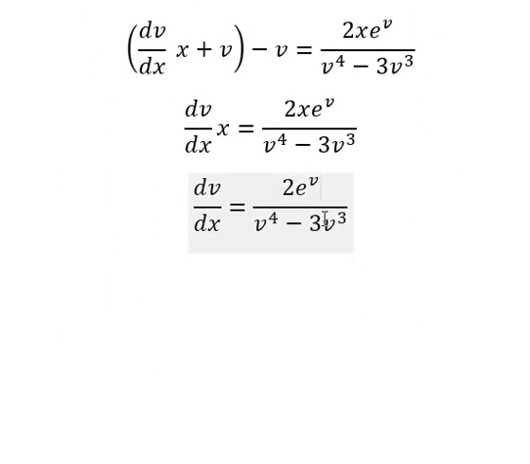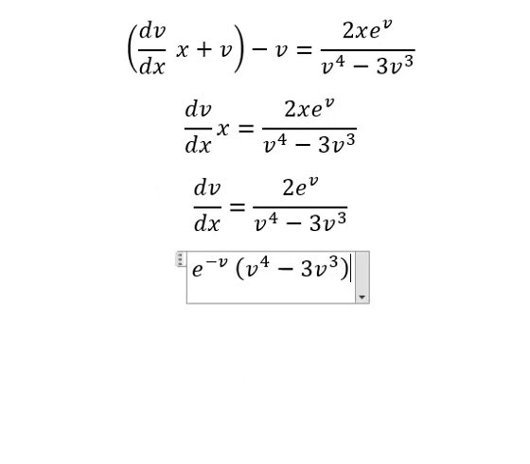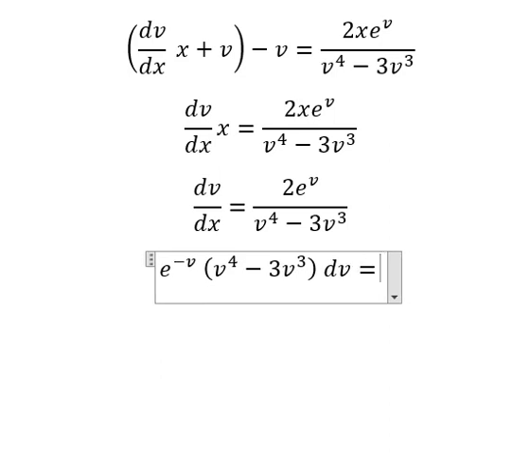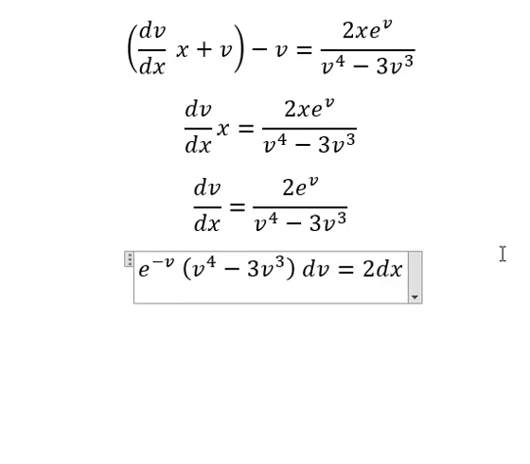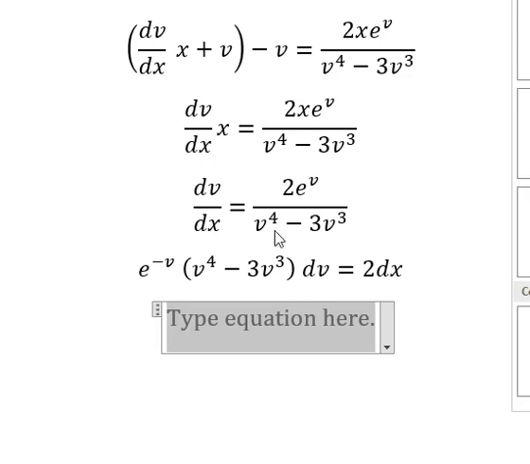Next, I will move this one to the left and the s to the right. Next, we integrate both sides.